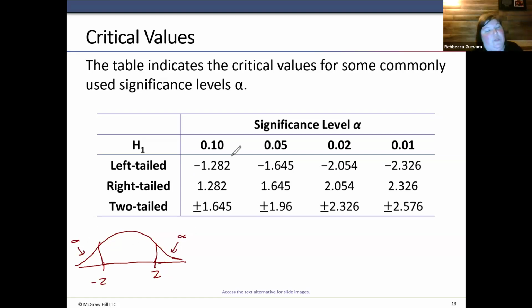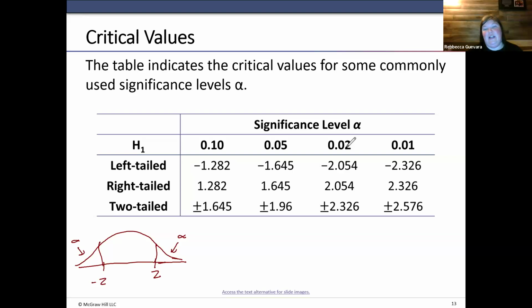So things we found out before, if we have 10% in the tail, then the z-score, if it's in the left tail, is going to be negative 1.282, but in the right tail, it's positive 1.282. For 5%, left tail is negative 1.645, but right tail is positive 1.645.